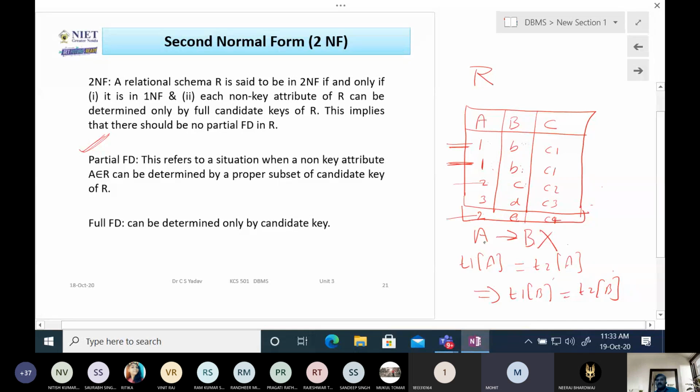Then only you can say that A determines B. So for these records, we can't say A determines B, or B is dependent on A. Now tell about this, whether B determines C.